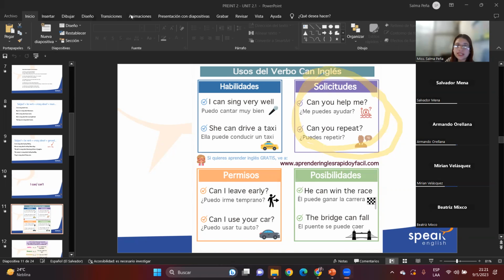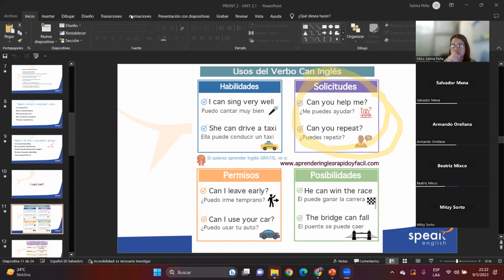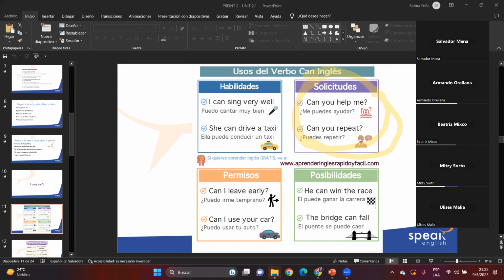Then, when we ask for permission, we can also use this structure. And I will ask Miriam, can you help me to read permissions, please? Now, let's see. Hello, good evening, guys. The other guys that connected later.